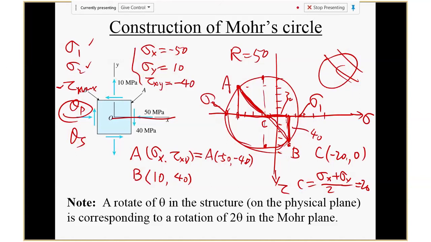This is the sigma 1 direction. Sigma 1 is right here. So should that be this angle? This is your x direction. From this x direction, you rotate this much angle, you get to the sigma 1 direction. So you need to look for this angle. This is my 2 theta p here.